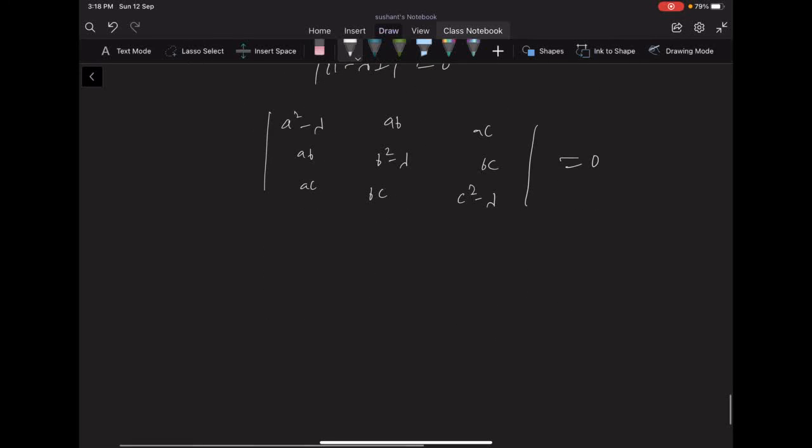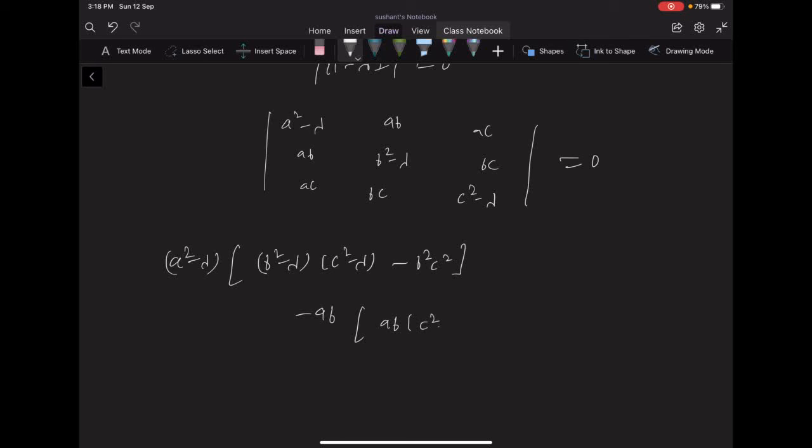We will expand from the first row: A square minus lambda times the determinant of the minor, minus AB times its minor, plus AC times its minor, equals 0.